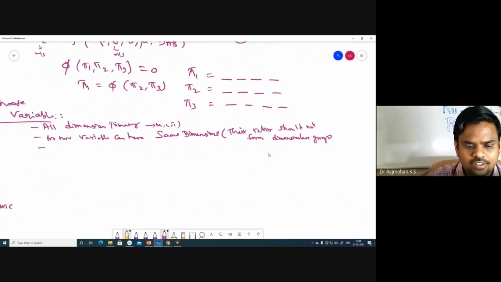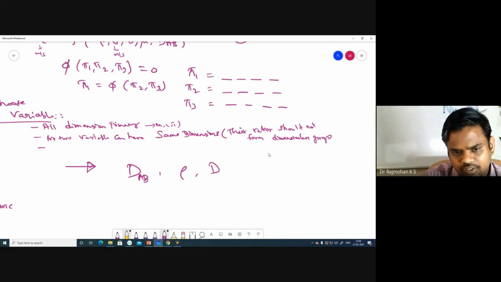For example, because we are concerned about mass transfer, let us choose DAB, rho and D. You can choose any three repeating variables; that's not the issue. Finally, we have to rearrange to get our desired number.